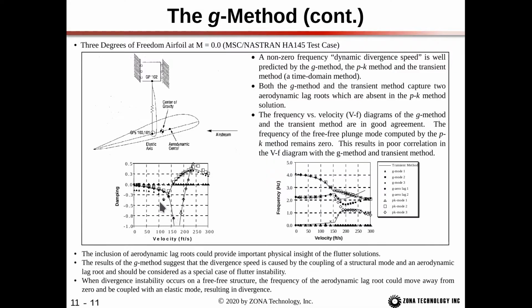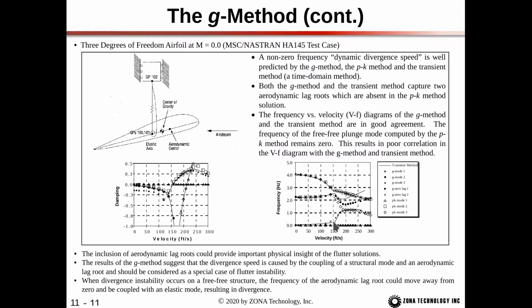So if we look at the damping curves, you can see that the transient and G method agree well. And then when we come over to the frequency, you can see that if we look at the first elastic mode and the second elastic mode, those track pretty well. And then this mode down here, this is our lag root.